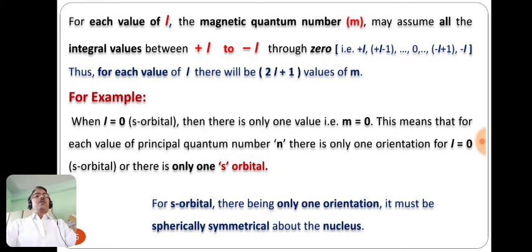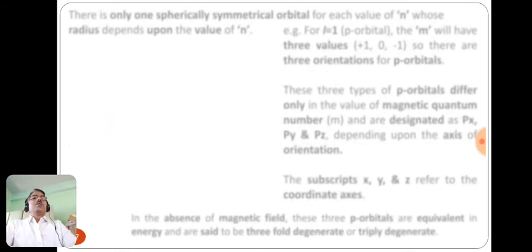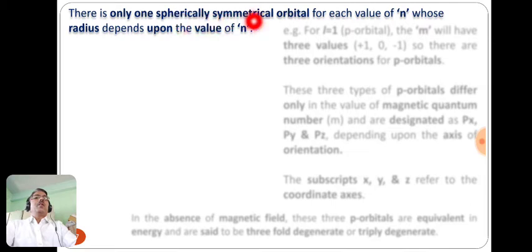It means that this orbital must be spherically symmetrical about the nucleus, as there is only one orientation. So there is only one spherically symmetrical orbital for each value of n, whose radius depends upon the value of the principal quantum number n.